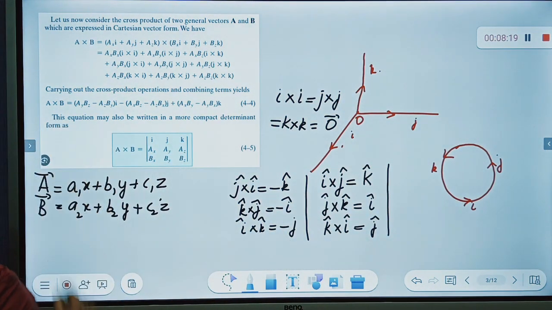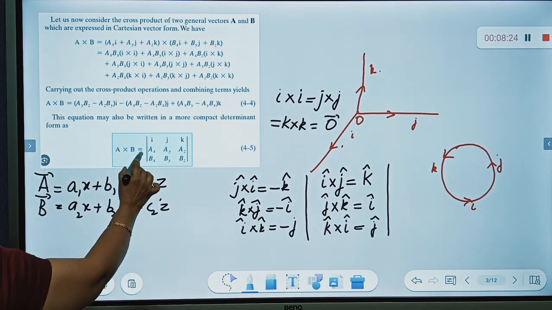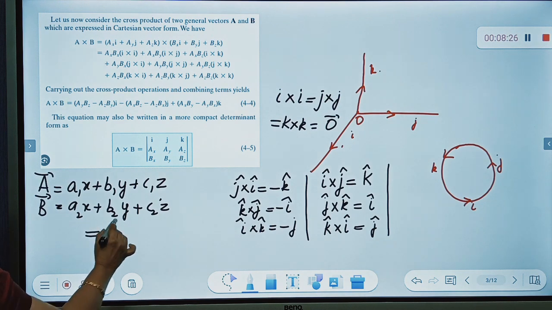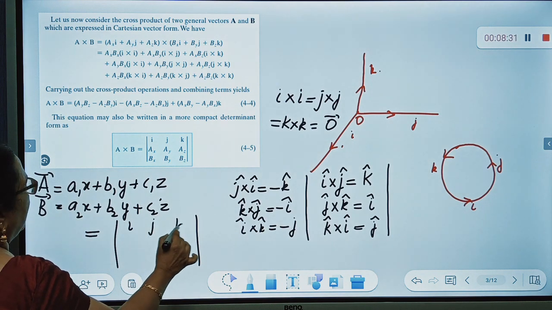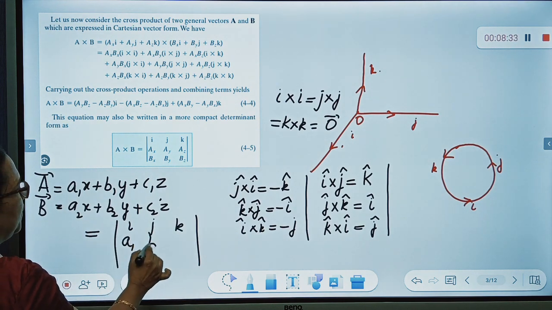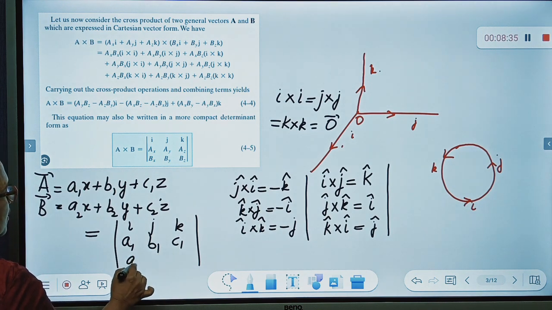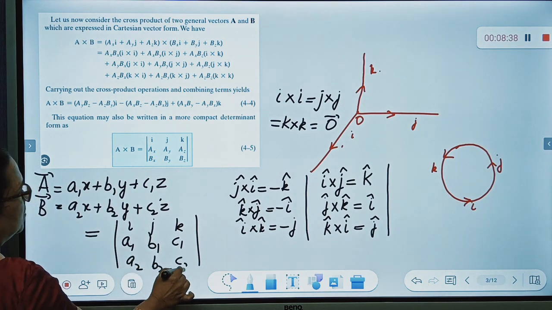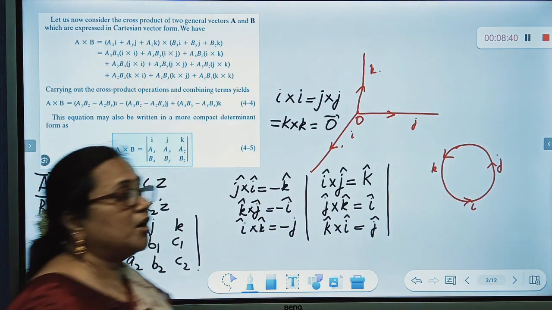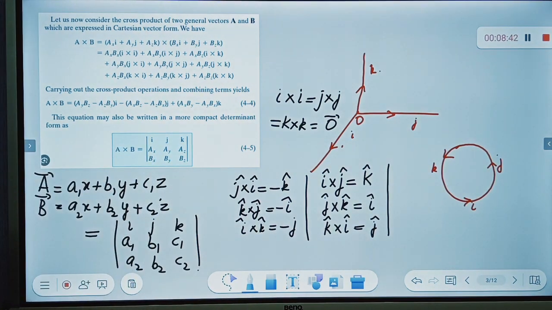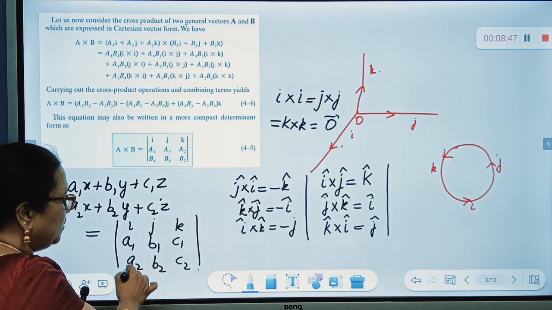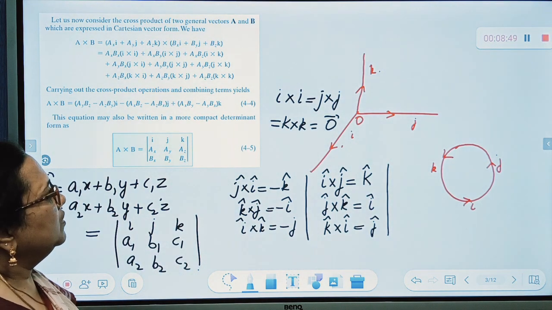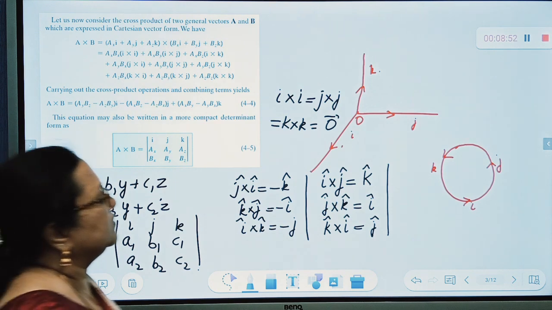It simplifies to A cross B equal to the determinant i j k, a1 b1 c1, a2 b2 c2. So the cross product of two vectors, A vector and B vector, is nothing but the determinant i j k, a1 b1 c1, a2 b2 c2. Now let us see some examples.